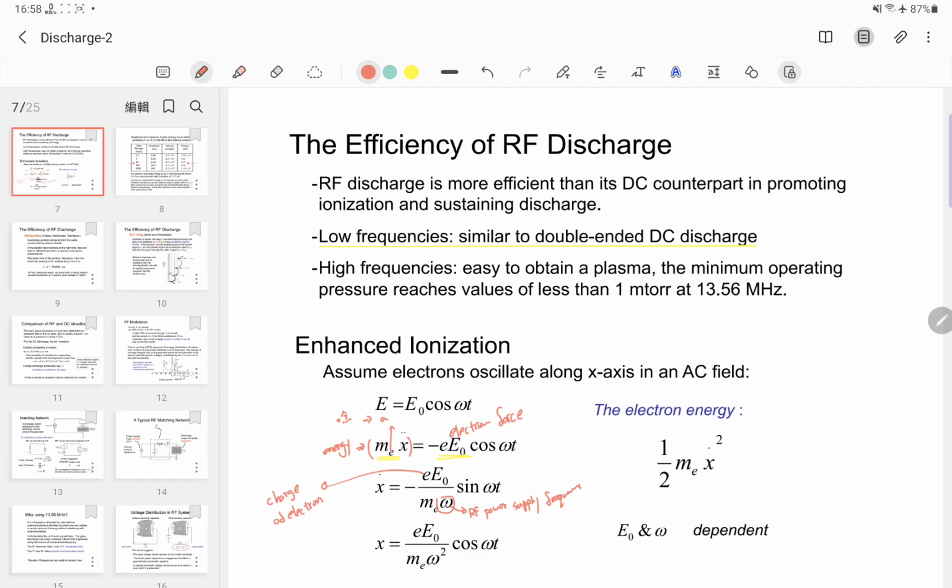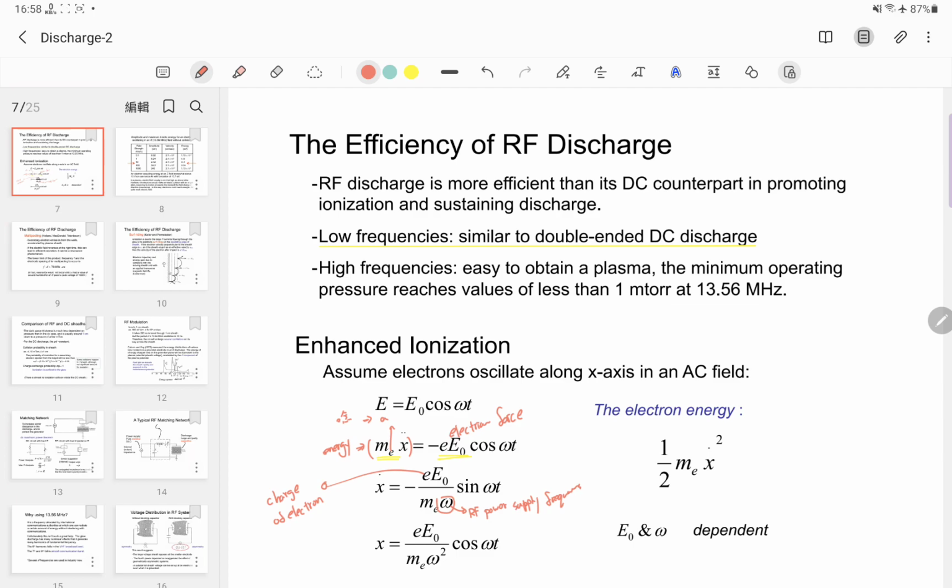So if the frequency is small, the electron energy inside the plasma will be large. If you use a 100 kilohertz RF power supply to generate plasma, you will get electrons with very high energy compared to the RF power supply of 13.56 megahertz.